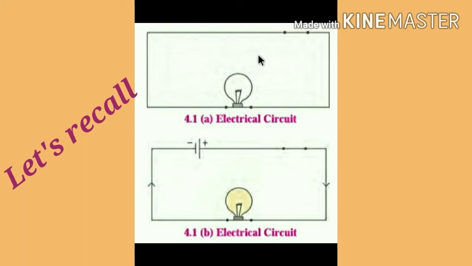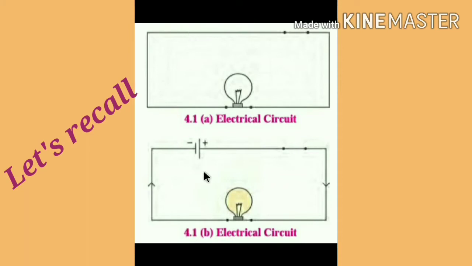You can see here only a copper wire and a bulb. But you can see that the bulb is not glowing. What is the reason for that? Let us see here, no potential difference is added here. That means no cells are added here.